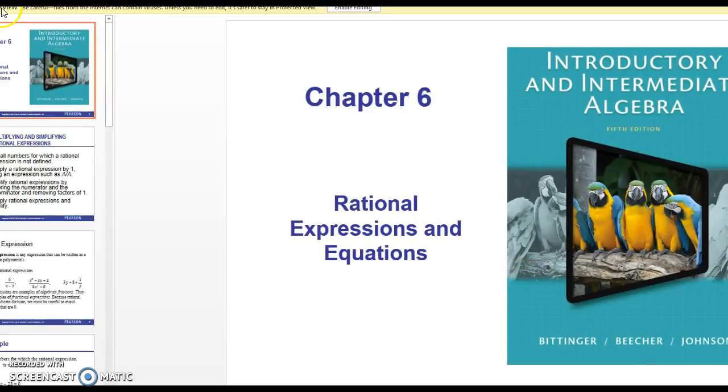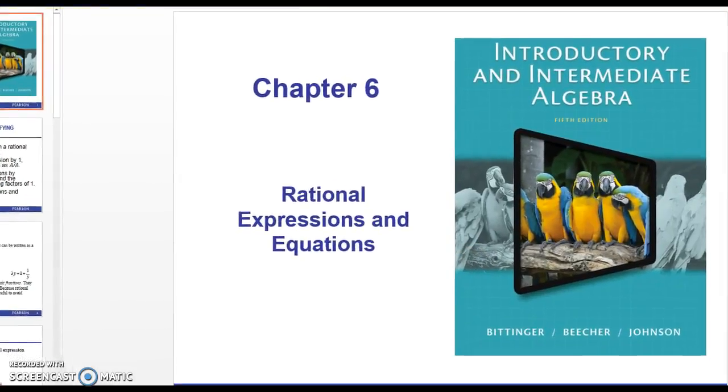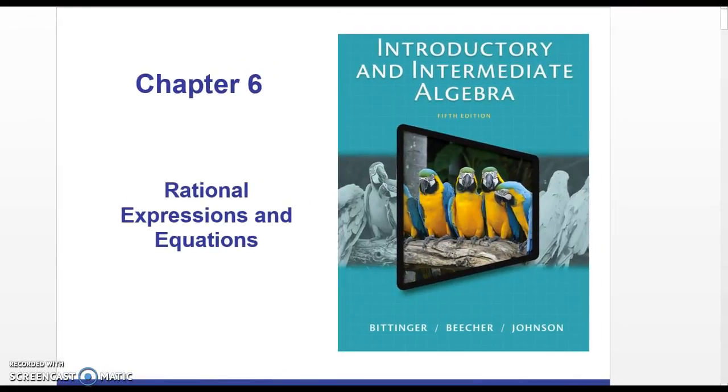Okay, there is the section 1 PowerPoint. I'm just going to move my screen around a little bit so that we're looking at the actual slide. And when you open these PowerPoints, you'll be able to go through them at your own pace. This week I've separated them out into all 9 sections, so you only have to open a section at a time. So this first section is defining what an actual rational expression is.